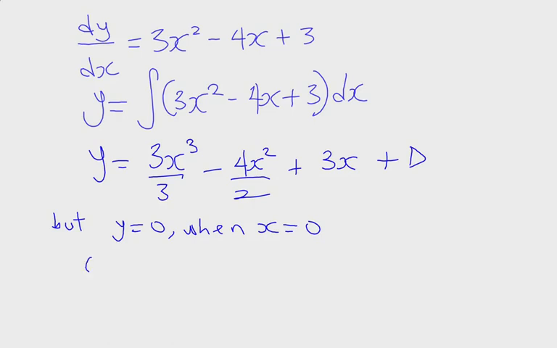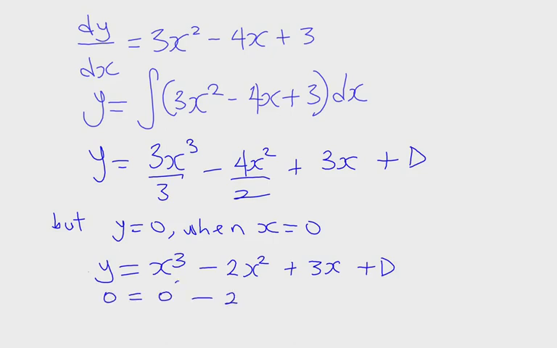So you can write y equals x cubed minus 2x squared plus 3x plus d. So when we substitute, we have 0 equals 0 cubed minus 2 times 0 squared plus 3 times 0 plus d.